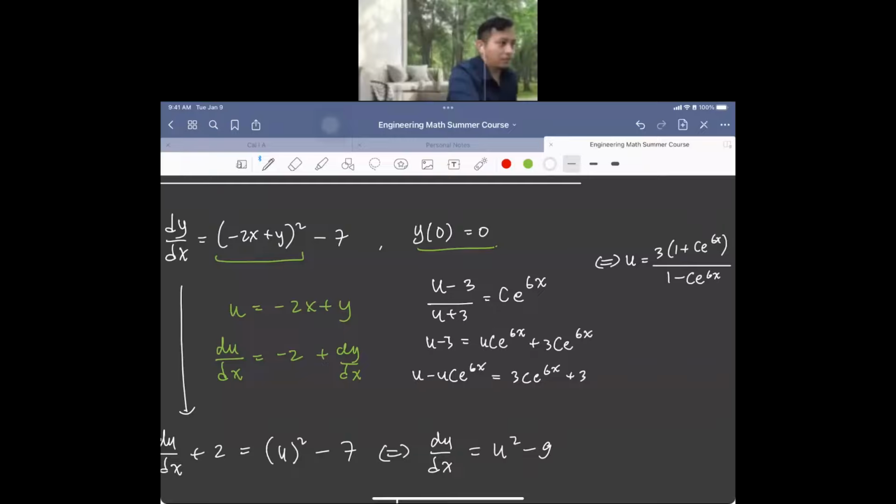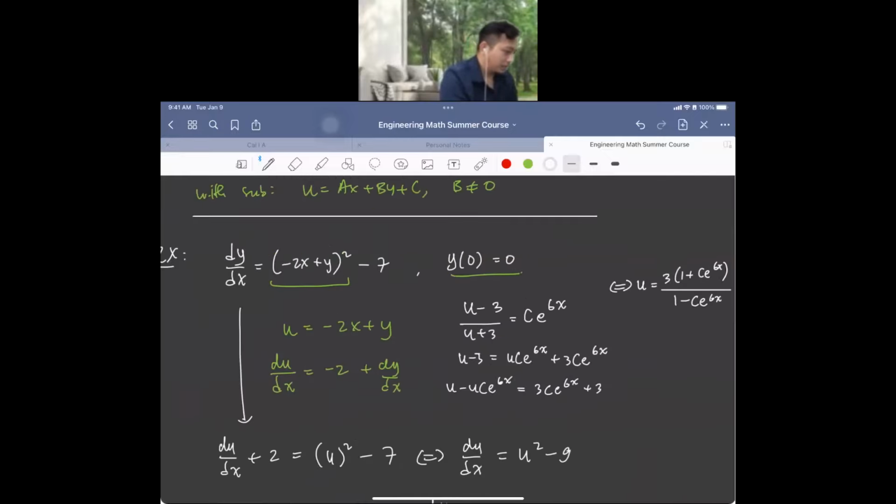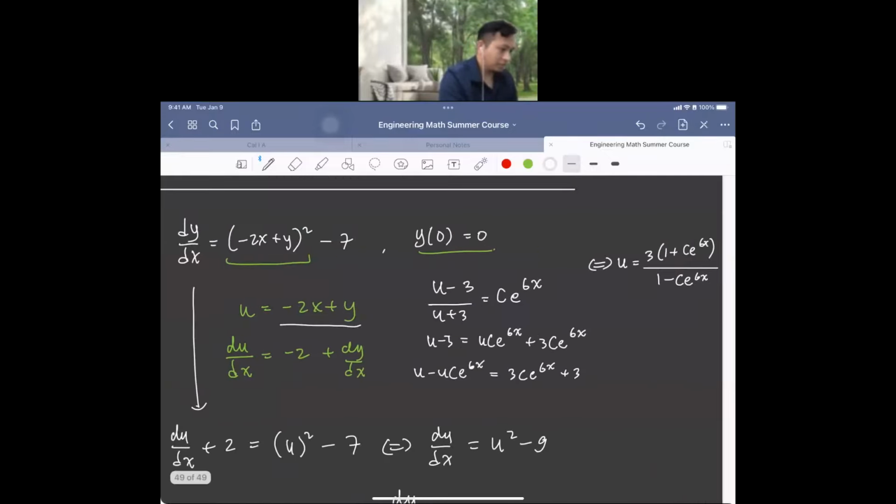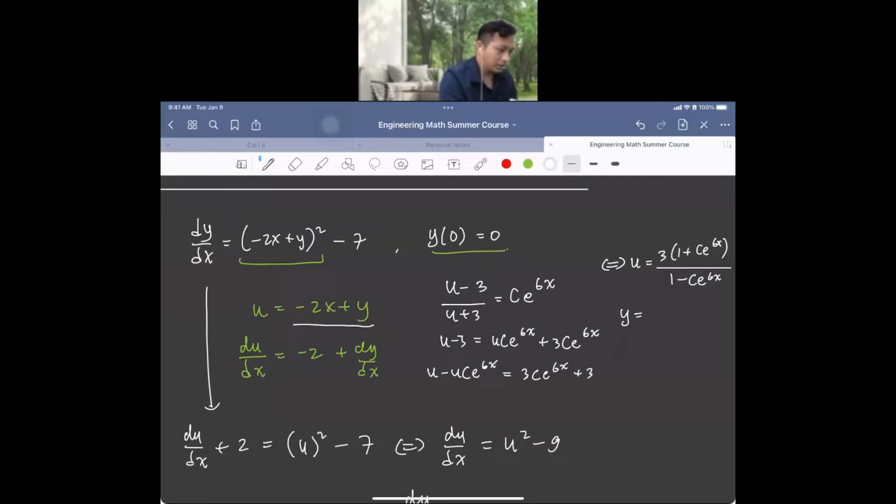Okay, that's our u, and our u is basically negative 2x plus y.